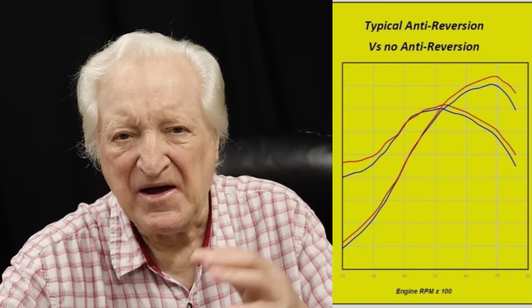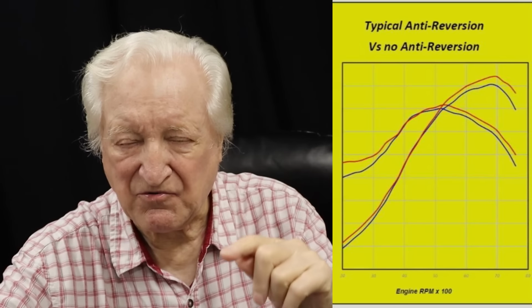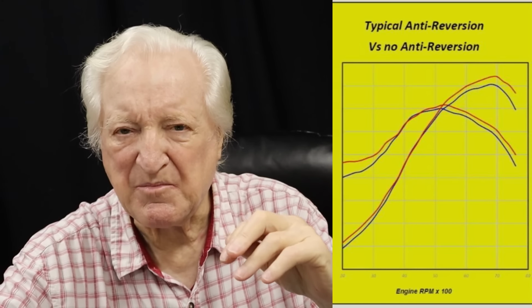Well, yes. And what I'm going to do here is show you a graph which is the average of maybe a dozen engines, because some engines, like a big block and small block Chevy, respond very well to it because they have a big pressure gradient across, and I think the Ford's pretty much the same.